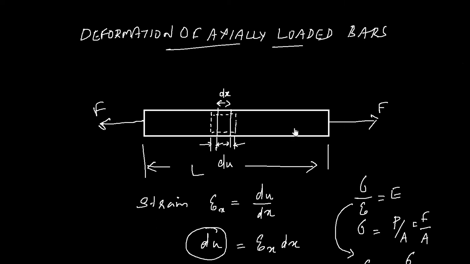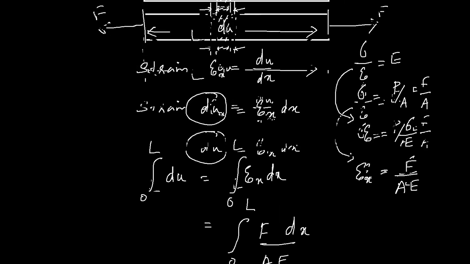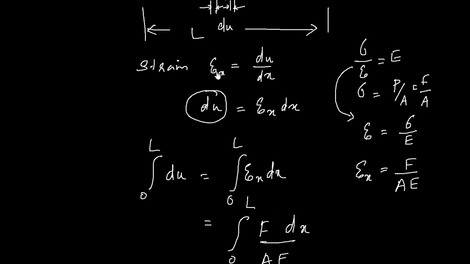So what we have discussed here is a bar acted upon by a load F. The total length of the bar is L, and we considered a small strip here that has been elongated by a distance du. Now we know the strain is change in length over original length, so the strain on that particular strip is du over dx, and from that you can calculate the change in length of that strip, du is equal to epsilon x dx.